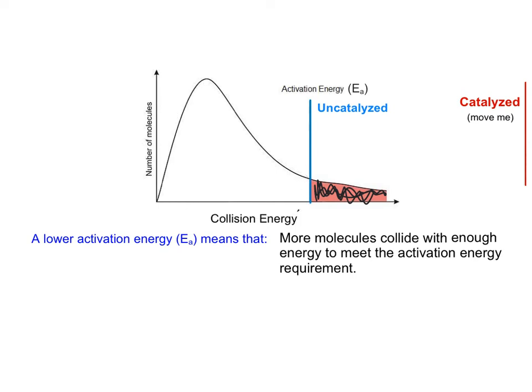However, if we add a catalyst, I can't actually move it because of the way we're recording these videos, but it would essentially add what would be an acceptable amount of energy. Now you have twice as many things with enough energy to react than you did before. The big takeaway for this is just remembering that a catalyst lowers the activation energy requirement, and because of that, it causes more things to react.